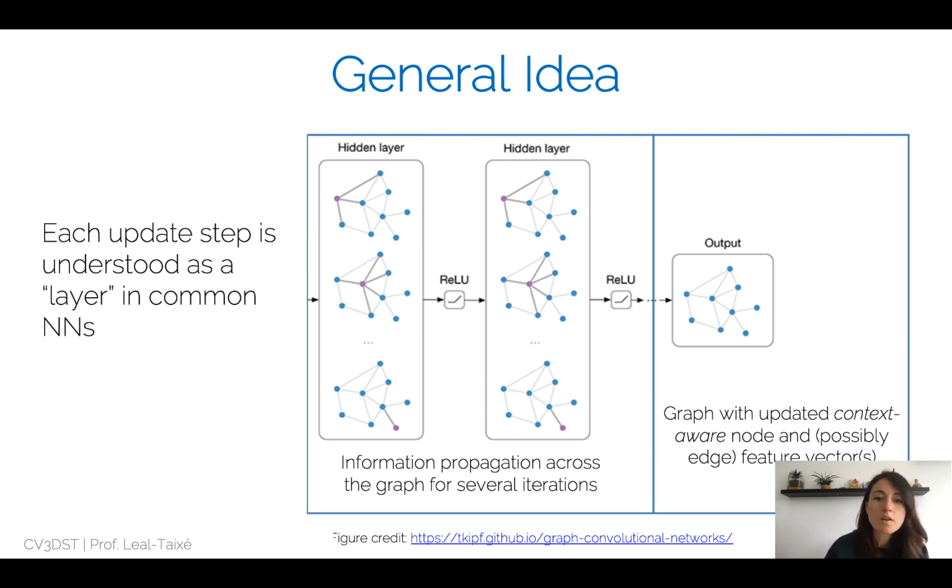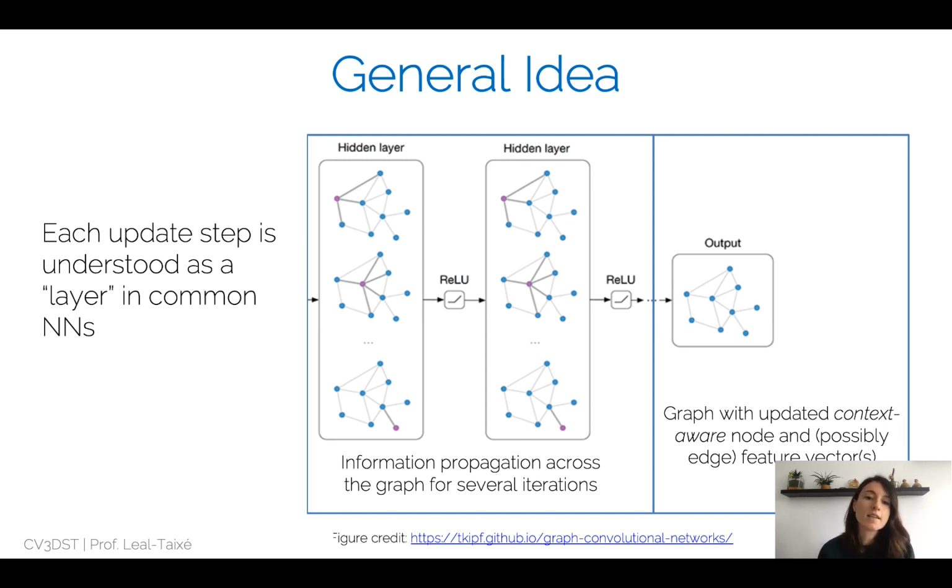all the nodes are going to connect to the neighboring nodes and are going to gather information. Then we're going to move to the next information propagation step, and the same is going to happen. Of course, now your neighboring node has already collected information from the first step of its own neighboring nodes.